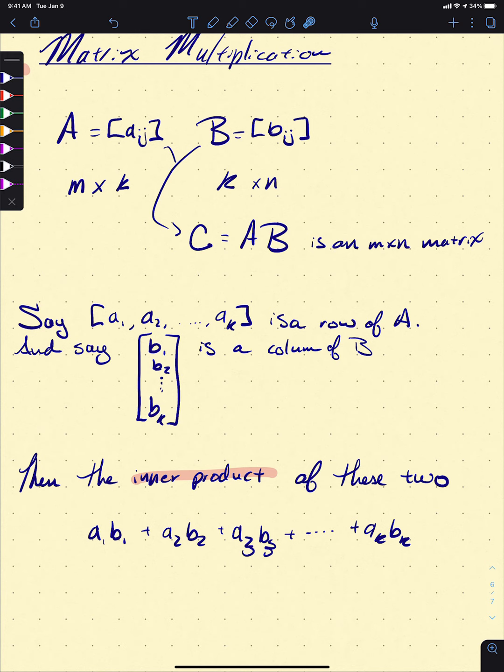Now that we have this idea of an inner product, it's how we're going to define matrix multiplication. So let's get our setup.